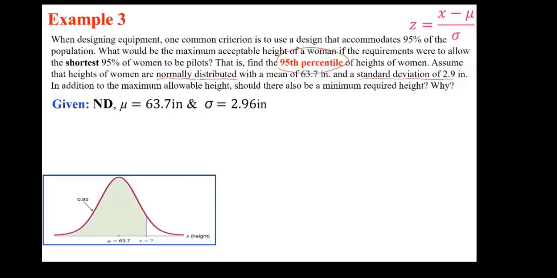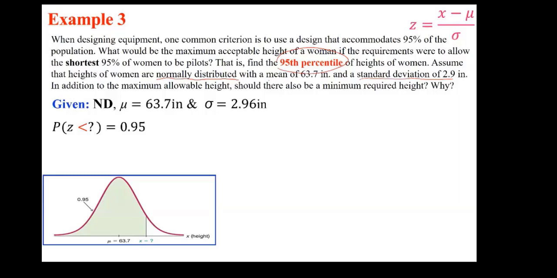So to do that, the very first thing we do, we ignore the x and we assume it's a z and deal with the z, then we go to x. But for now, probability, again, we deal with standard normal distribution. Z less than some number must be the area of 0.95.